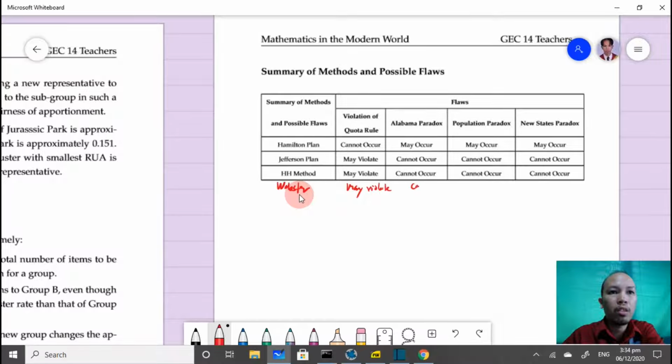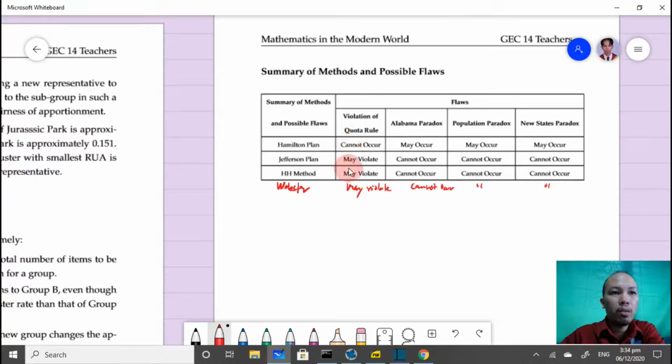Cannot occur. Meaning to say that the Hamilton plan, as you can see here, will commit the Alabama paradox, population paradox, and new state paradox, while Jefferson, Huntington-Hill, and Webster cannot.